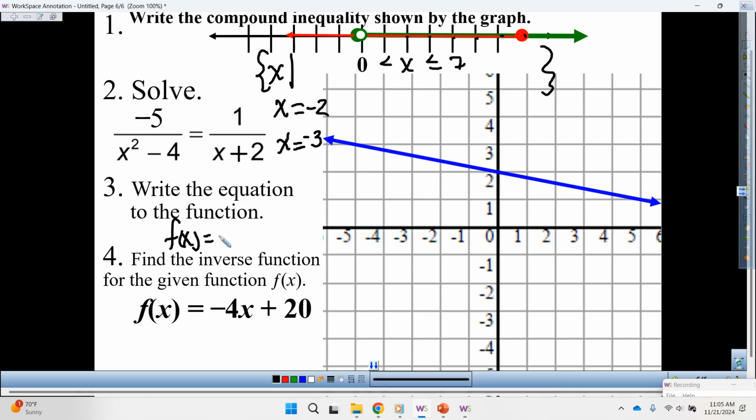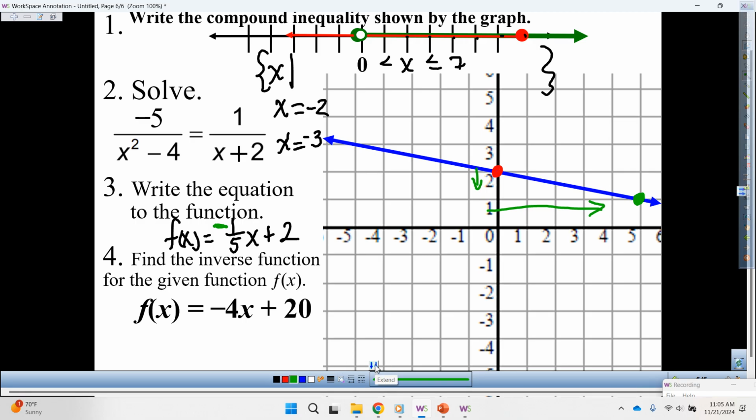F of x equals 1 over 5x plus 2. Have you got that? That is correct. Our y-intercept is right here. If we place another point, I'll place it over here. It's going downward, down 1 step, and 5 to the right. So this is negative 1 over 5.